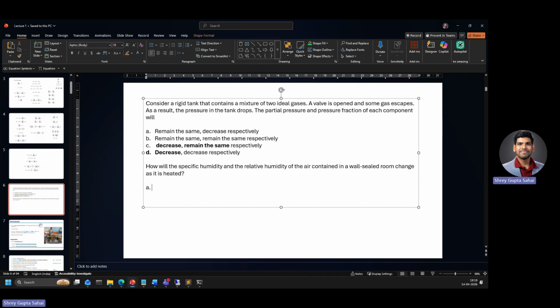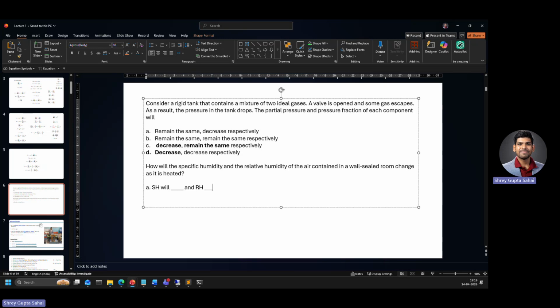Your options are: specific humidity will increase... Let's put blanks. What will happen to specific humidity? What will happen to relative humidity?